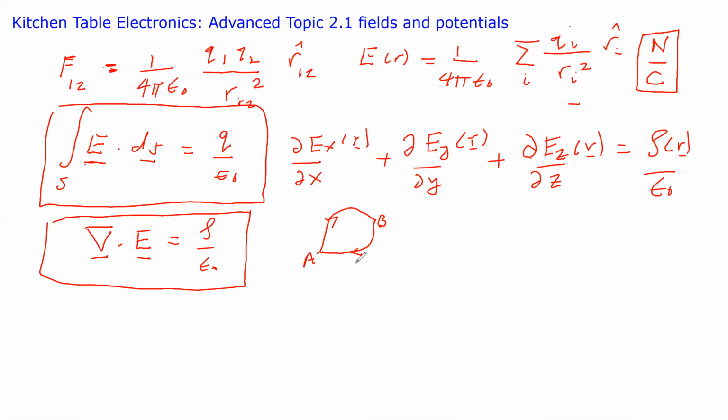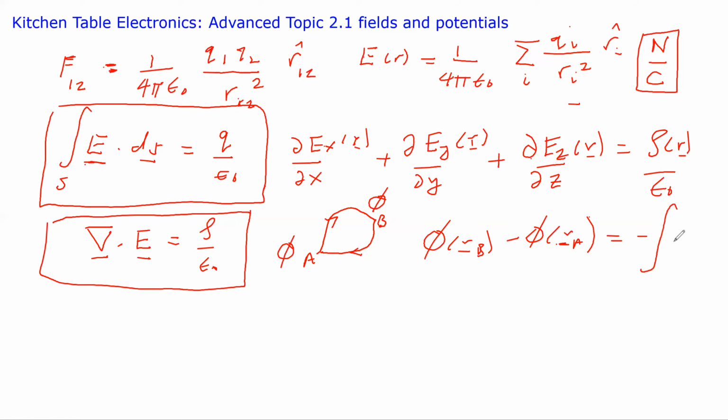Because of this, we can define a potential difference between these two points A and B, where the symbol phi here stands for potential. So, phi at some point B minus phi at some point A will be equal to minus force times distance.